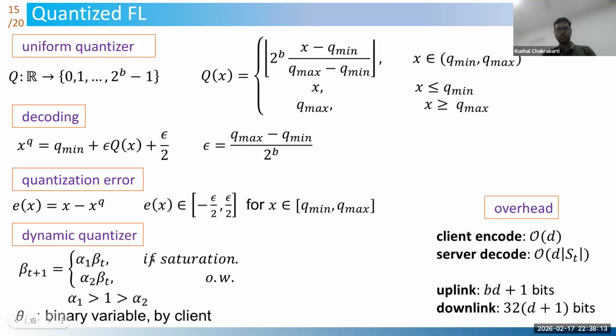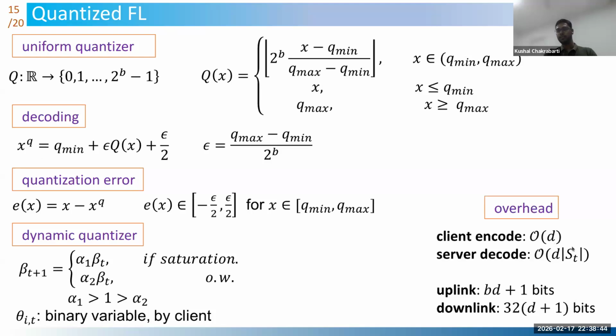And if you look at the communication overhead, that comes only from the quantization side. On the client side, to implement this quantization, the complexity is order of d. The client needs to compute only this qx, and this qx will be sent to the server. The server will have to decode this qx for all the participating clients.